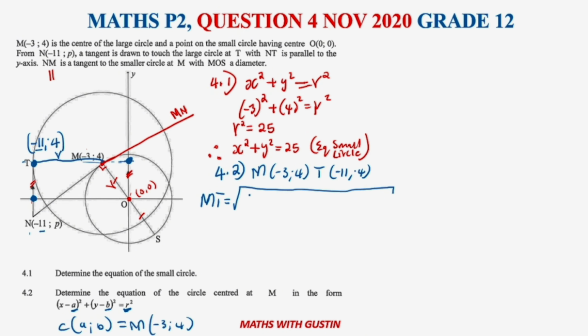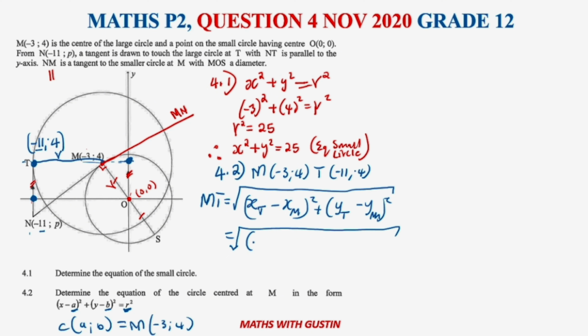Okay, our distance formula here, should I write it all the way? Okay, let me write it rather. We're going to use the square root of (x at t minus x at m) all squared plus (y at t minus y at m) all squared. Now we can substitute our values here, guys. Please make sure that you are following.